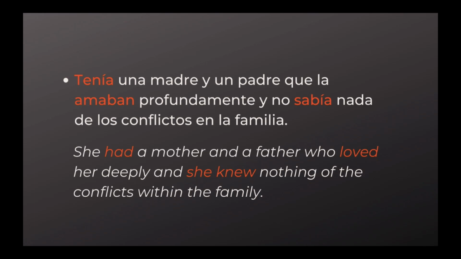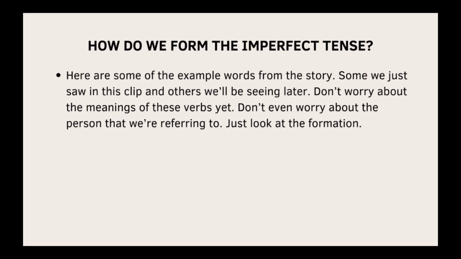We're just saying that they loved her. So we are talking of the past. Even in English we say loved, but this is the imperfect tense. This is a continual process. And no sabía nada. She didn't know anything about the conflicts within the family. Again, just this general continual process.